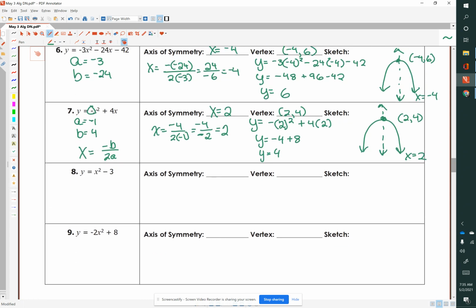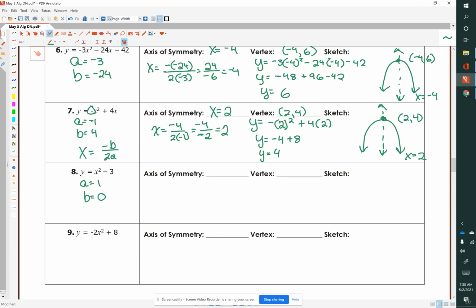Number 8. We have y equals x squared minus 3. So we do not have a b, well, we have a b value, it's 0. Our a value is 1, our b value is 0.